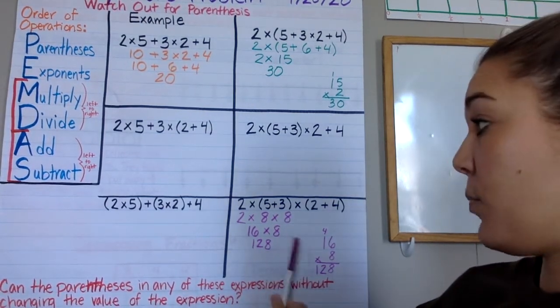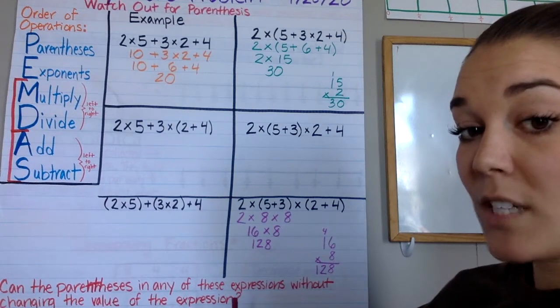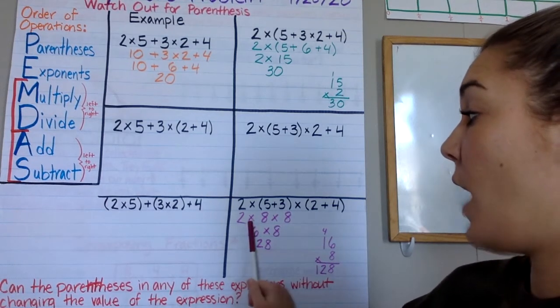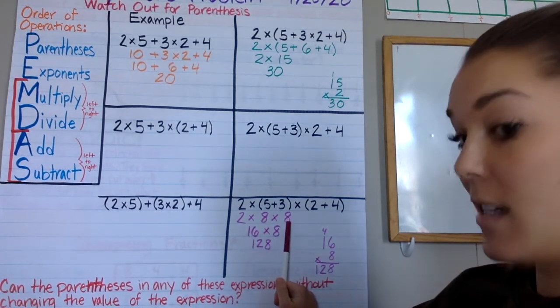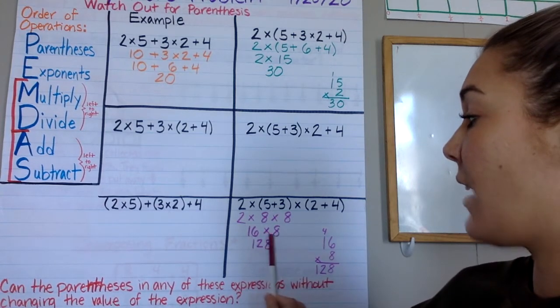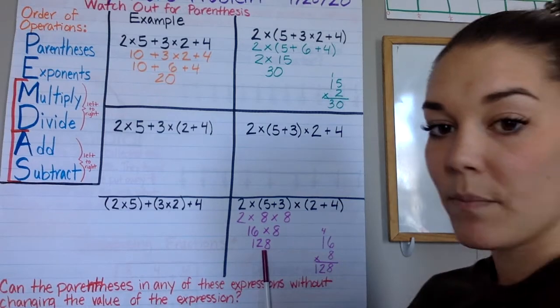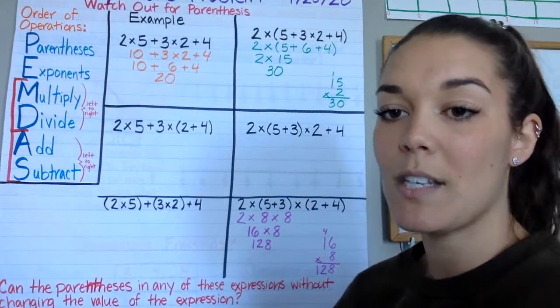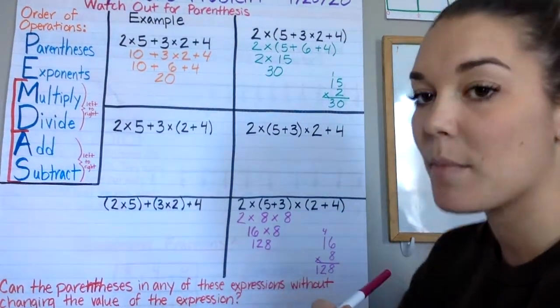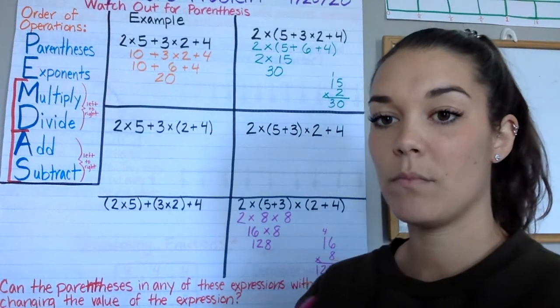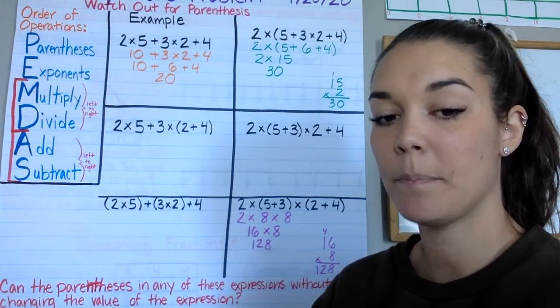So for this problem, it's pretty easy. The part you have to type in, you would just do 2x8x8, then 16x8, then 128, okay? Each time you do a step, boys and girls, enter down so that Mrs. Jones can see the order of the steps, okay?